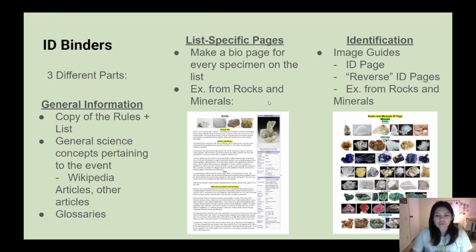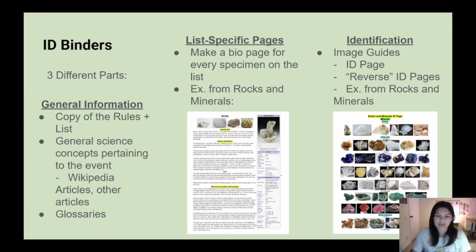So you're also going to want to have a specific page for every single specimen on the list that gives you a lot of information, preferably with a lot of detail, so more detail than a field guide would give you.